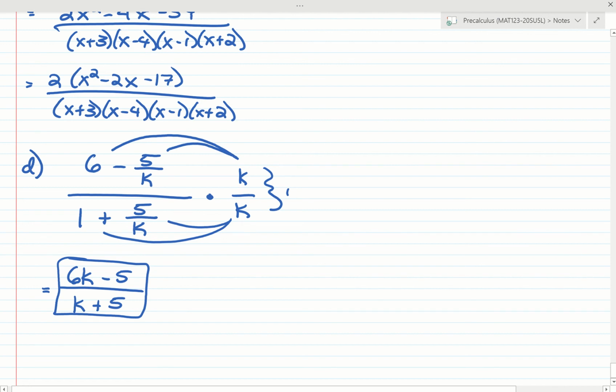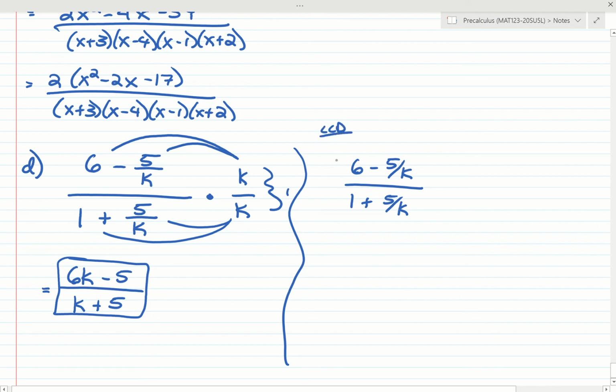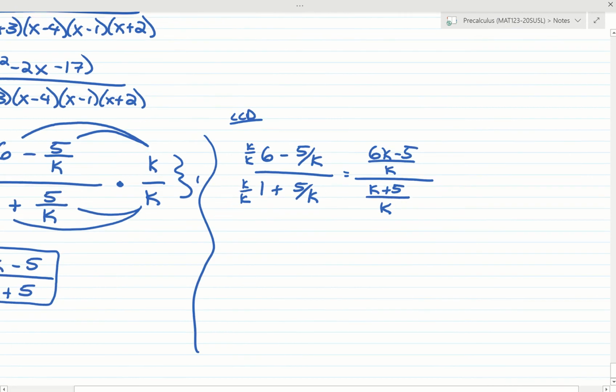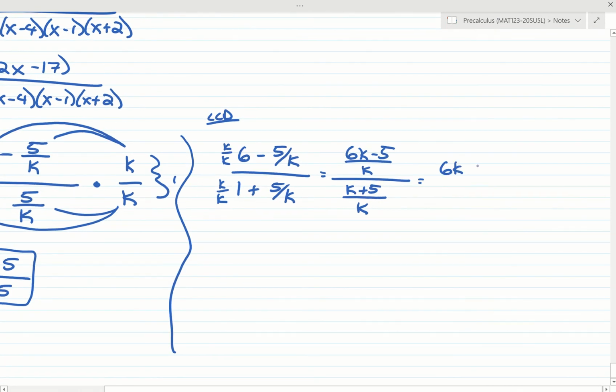Another way we could have done this is 6 minus 5 over k over 1 plus 5 over k. You can get a common denominator on top and on the bottom. Common denominator on top would be k over k, right? And on the bottom would be k over k. So we could write the top as 6k minus 5 over k, divided by k plus 5 over k.